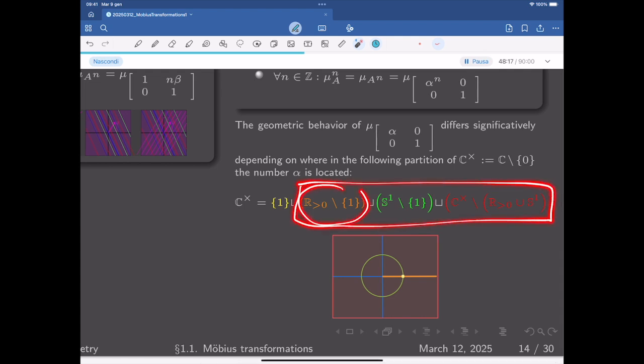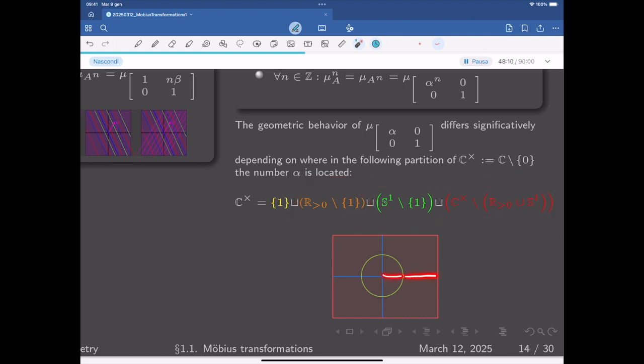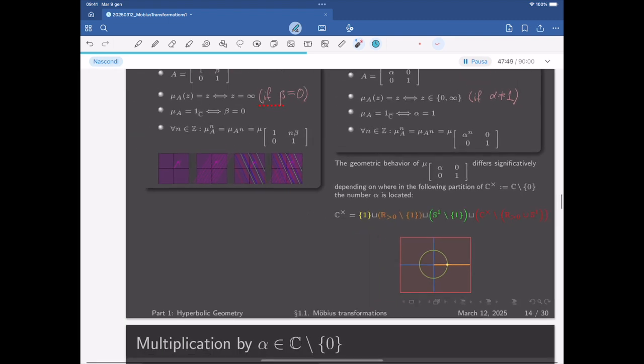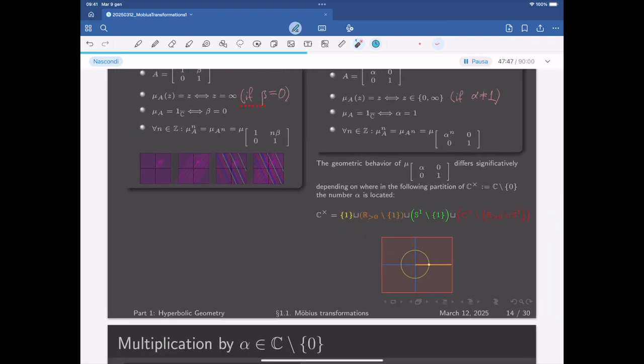It depends on whether alpha lives in this union of two open segments, or in this open segment of the circle, the circle minus a certain point, or in the rest, all this other dense set. And the geometric behavior is going to be classified according to that.